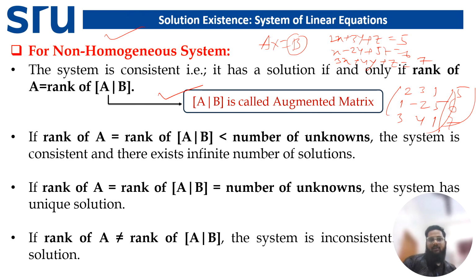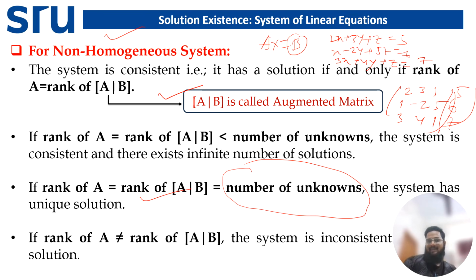Now if the rank of the coefficient matrix A and the rank of the total matrix are both the same, then only the solution exists. Clear? And if the rank is the same and equal to the number of variables or unknowns, here the variables are x, y and z, so 3, so if both ranks are 3, then it has a unique solution.